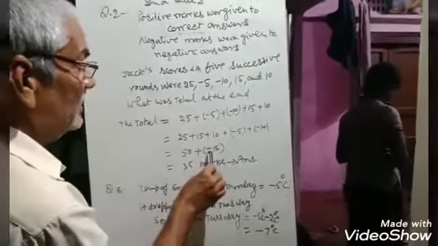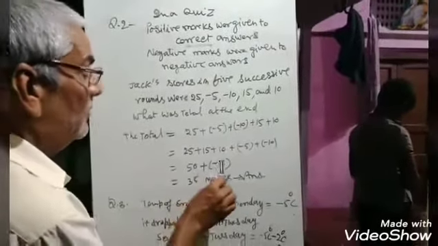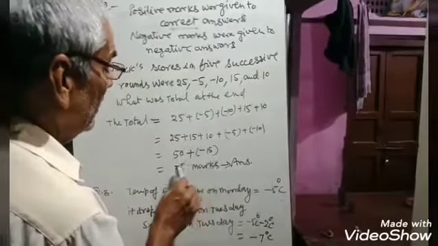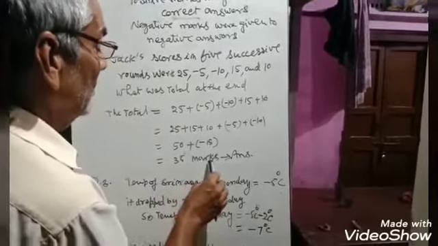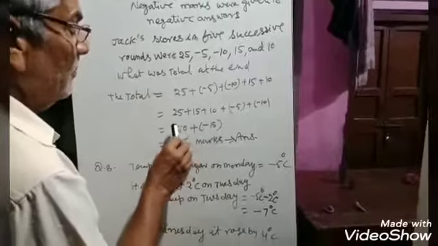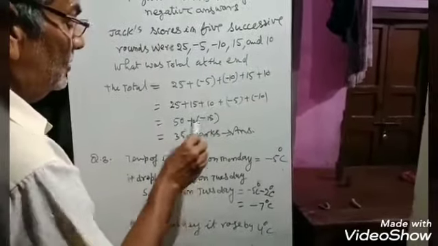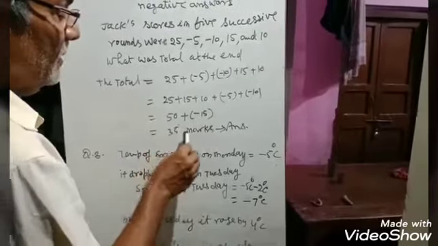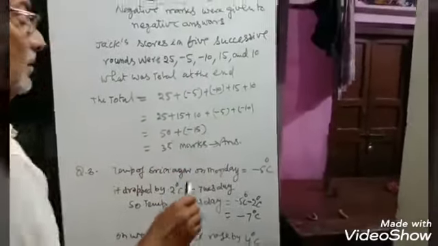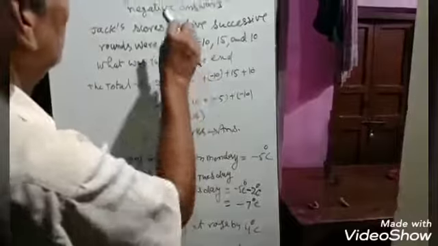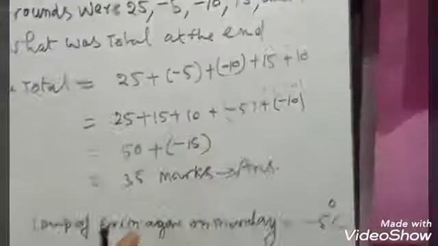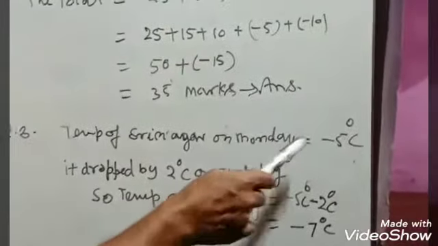The total value of this is plus 35 marks, because the plus sign is greater than the minus sign, so this will take the plus sign. It means 35 marks were obtained by Jack. This is the answer.